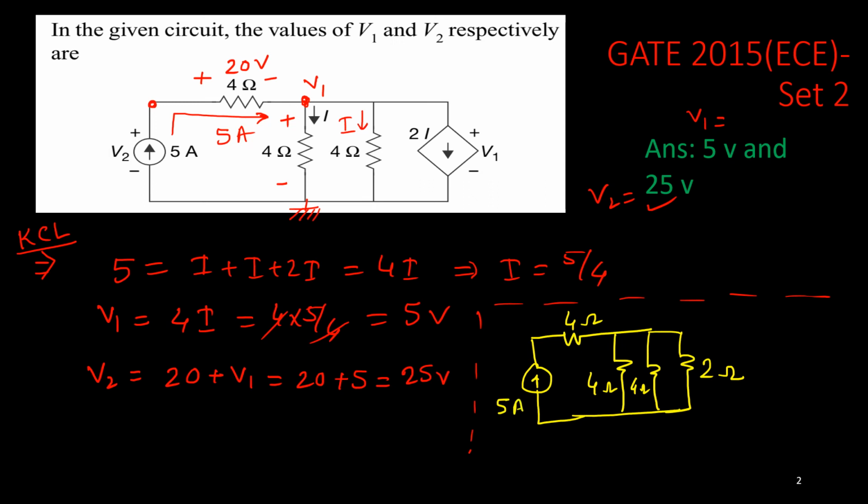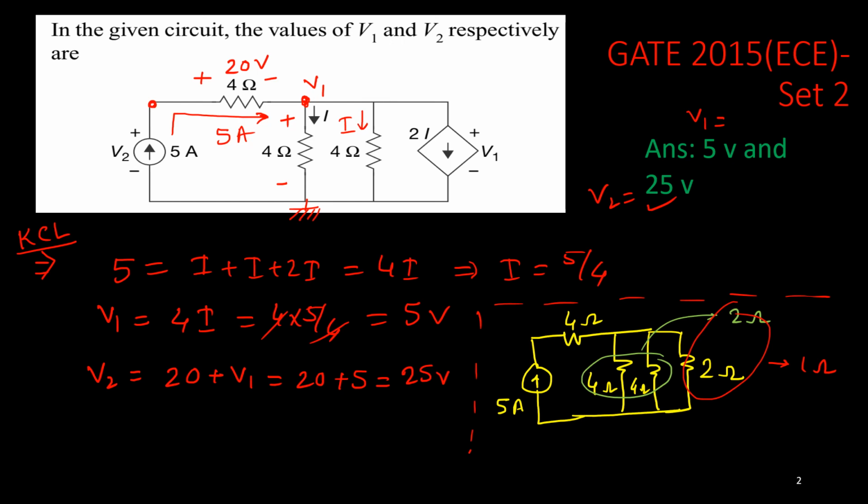So we can combine them together. That combination is very easy. These two 4 ohm resistances in parallel give half of that, which is 2 ohm. Again, this 2 ohm and this 2 ohm combined give 1 ohm, half of that. So this total parallel combination of 4 ohm, 4 ohm and 2 ohm gives only 1 ohm.